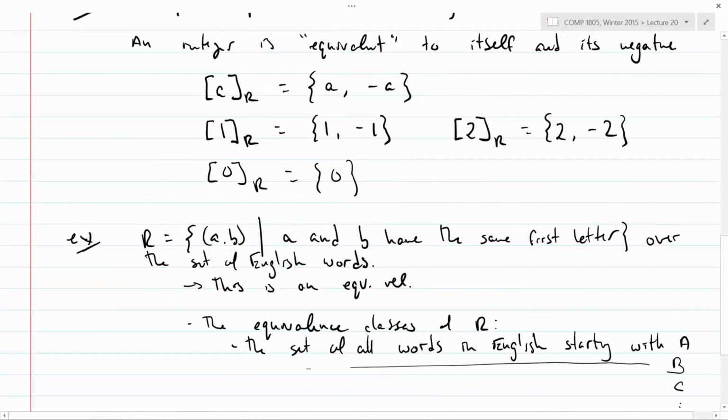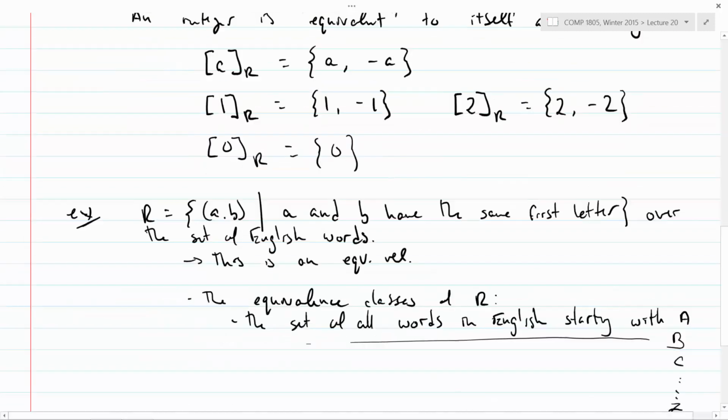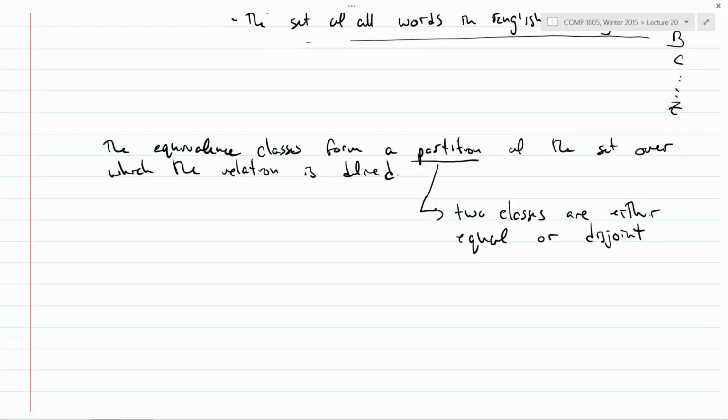So if we go back to this example here, where a equals b or a equals minus b, the equivalence class of 1 and the equivalence class of minus 1, they're not disjoint, but that's okay because they're equal. Right? They're exactly the same. So two classes are either equal or disjoint, and the union of all classes is exactly the set over which the relation is defined.